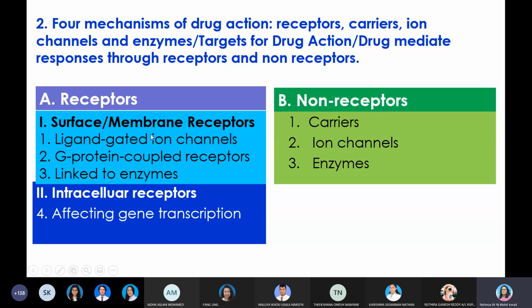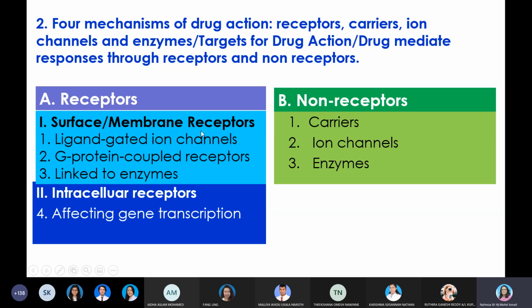So surface or membrane receptors are ligand-gated ion channels, G protein coupled receptors, or receptors that are linked to enzymes, but they all involve receptors. Number 2, intracellular receptors: these are drugs that have to enter the cell to combine with the receptors, because the receptors are in the cell, and this affects gene transcription.